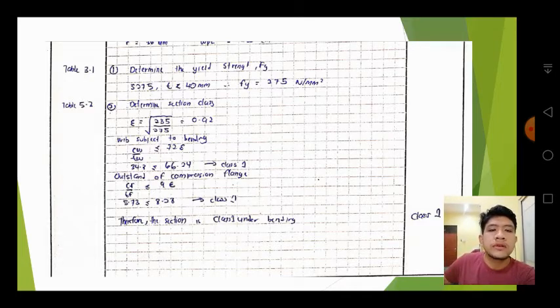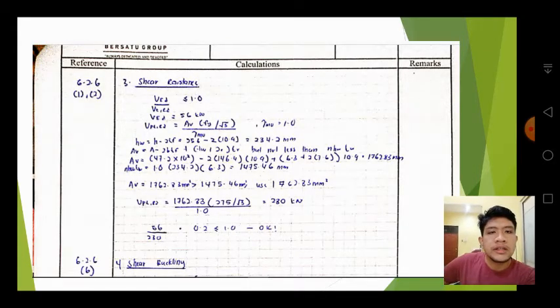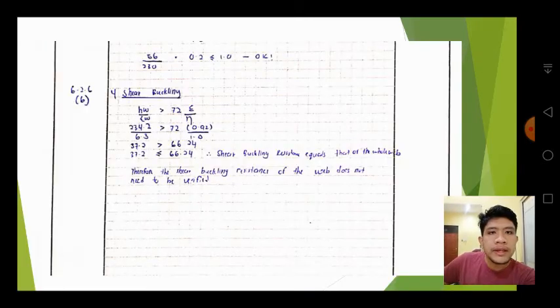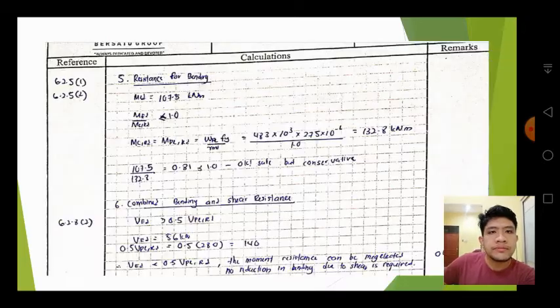Therefore, the section is class 1 under bending. For shear resistance, VED over VRD is smaller or equal to 1.0, and we need to check shear buckling according to clause 6.2.6. The shear buckling resistance of the web does not need to be verified. This is the shear resistance for bending and the combination of bending and shear resistance according to clause 6.2.3.